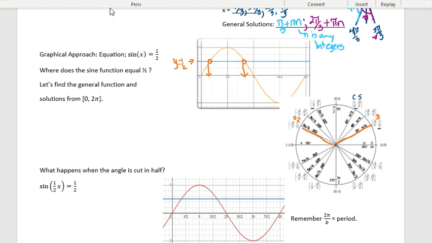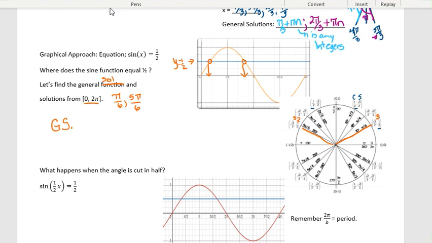Okay, so if that's what I have, the two solutions here would be pi over 6 and 5 pi over 6. So if you know those, we're halfway there. So to find your general solutions, I'm putting GS for general, and this should not say general function.